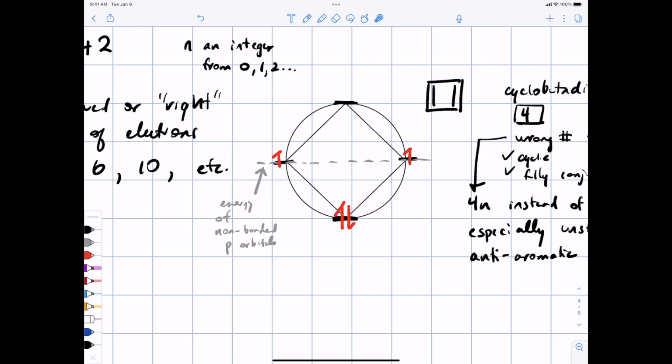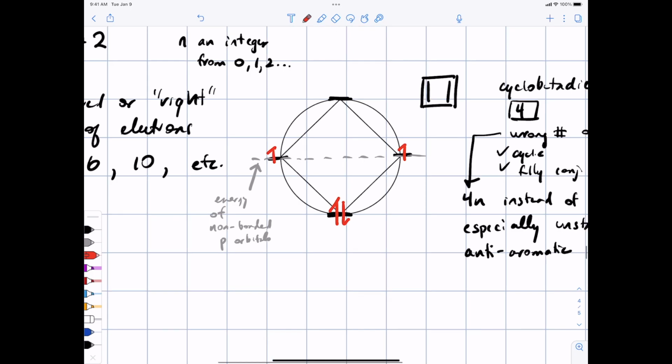So you've made a molecule where you supposedly have 2 pi bonds, but actually you only have 1, and the other 2 electrons are not even in a bond anymore. They're at the level of non-bonded atomic p orbitals, and it's a diradical. Radicals, as you learned in 351, have some unique reactivity patterns.